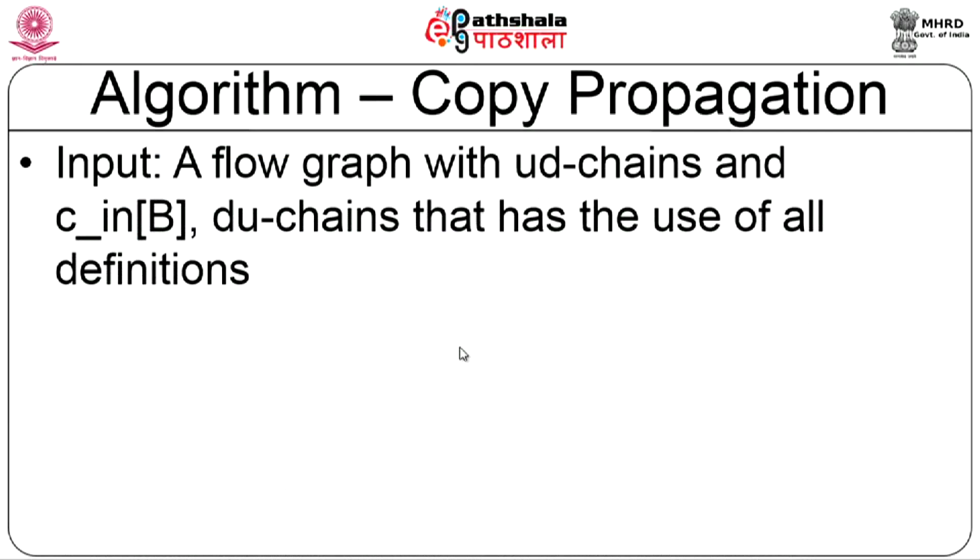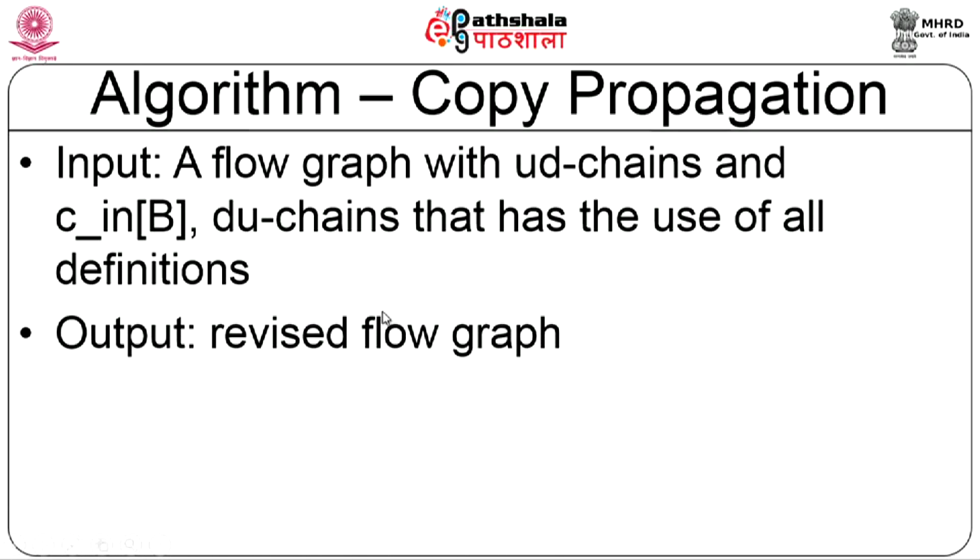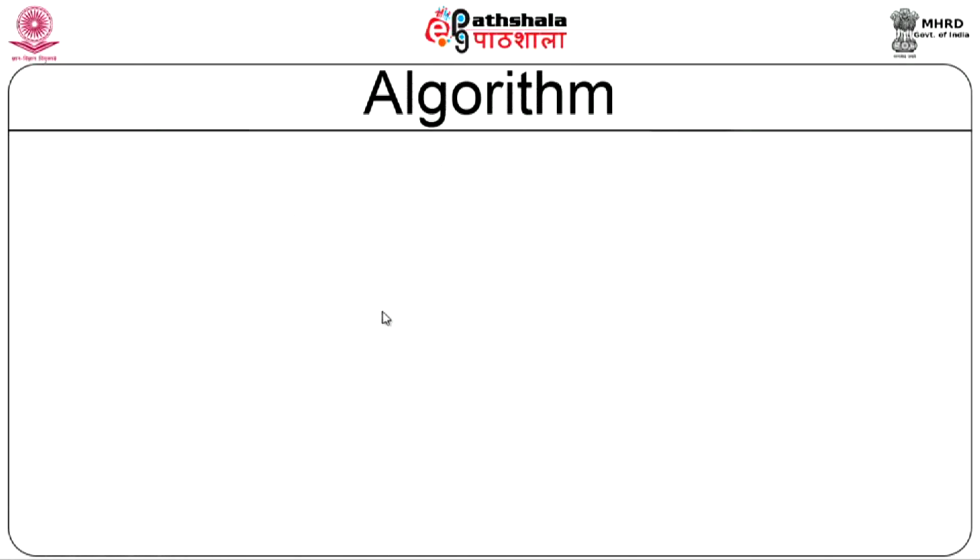So the algorithm here takes a flow graph with use-definition chains and the C in of all the blocks, and the DU chain that has the uses of all definitions, which is also given. Output will be a revised flow graph eliminating the copy statements.